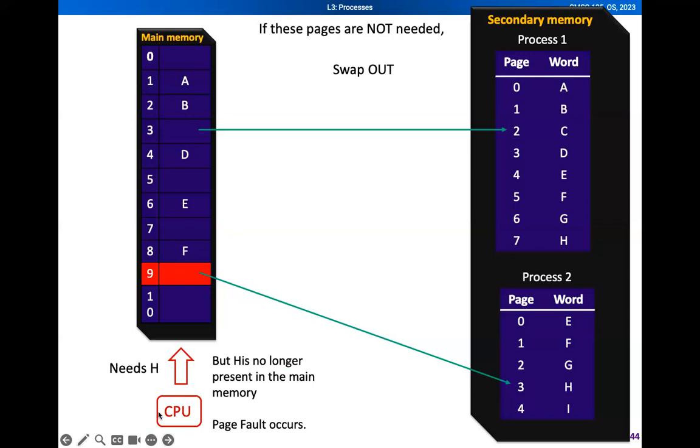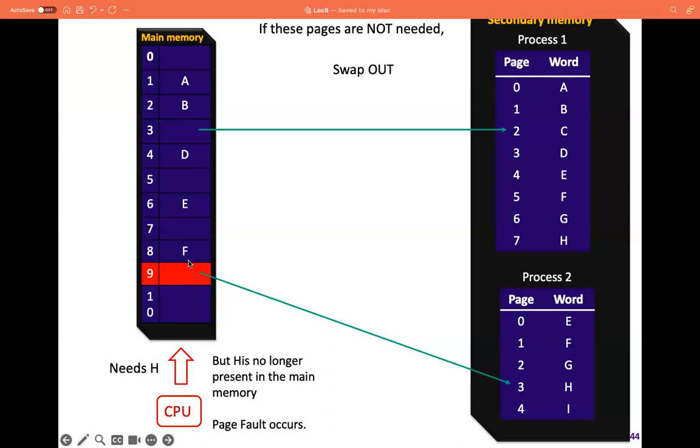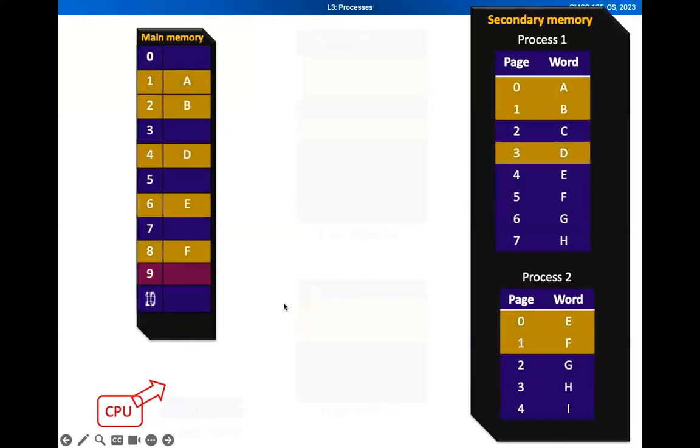Assuming that the CPU needs H, initially H was here, right? But we already swapped it out, so H is no longer present in the main memory. Since the CPU is requesting a page that is not loaded in the main memory, a page fault occurs.